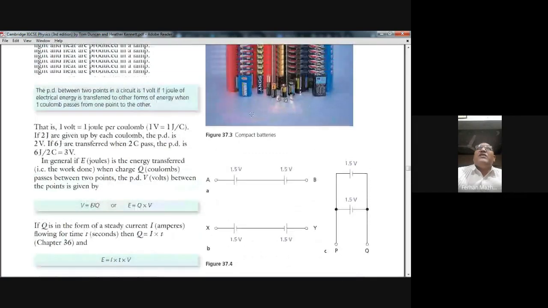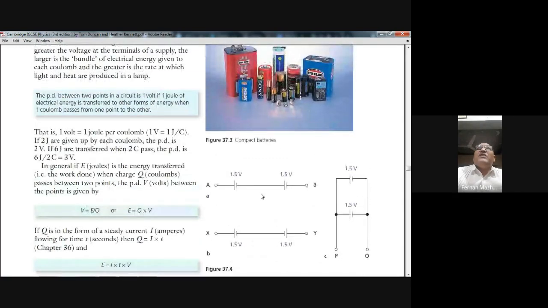The two cells have been connected in the circuit diagram, and they are connected correctly. So what will happen? Their EMF will add up. The negative of the first is connected with the positive of the second, and we have taken out the connections. So 1.5 volt plus 1.5 volt, the total EMF of this combination will be 3 volt.